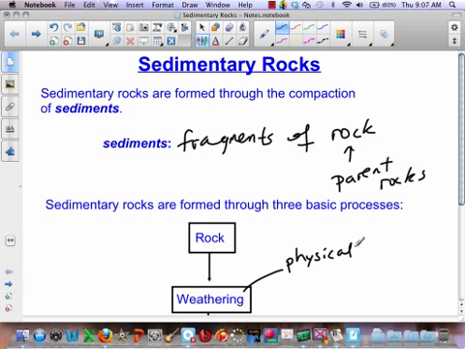How else are rocks changed? Yeah, it's all natural. Okay, so you said water, right? Rain. So what does the rain actually do to the rock?